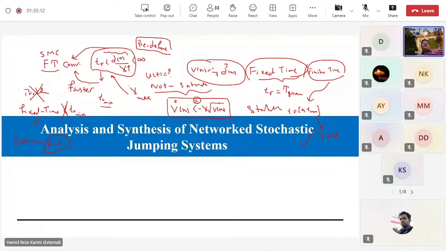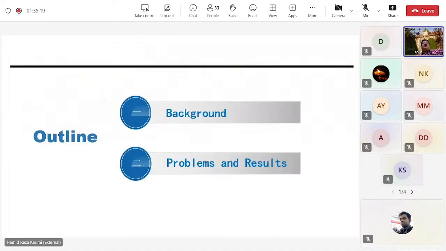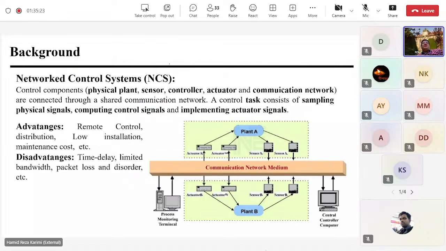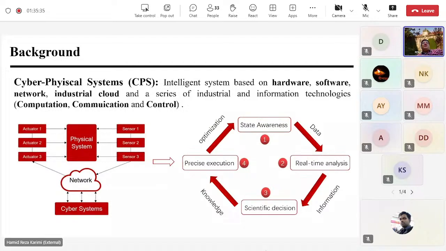Okay, so let me show you some results about sliding mode control and for some complexity. I told you about NCS, and I think you know about NCS. We discussed before the network control advantage, and we discussed the CPS, and we also looked at the challenges of state awareness, data circulation, real-time analysis, scientific decision, and precise execution.